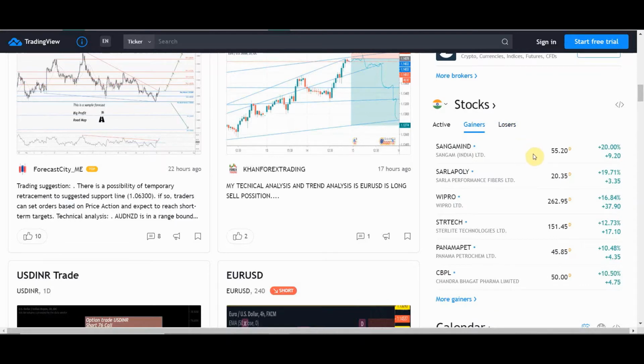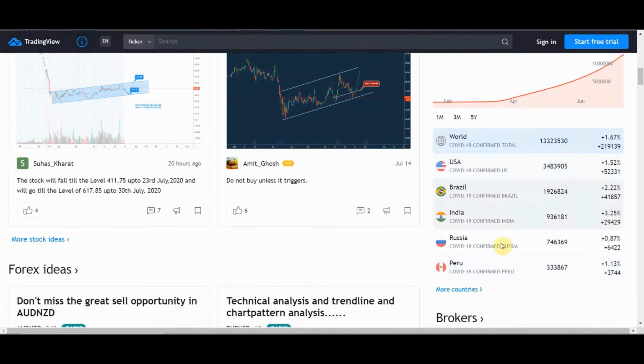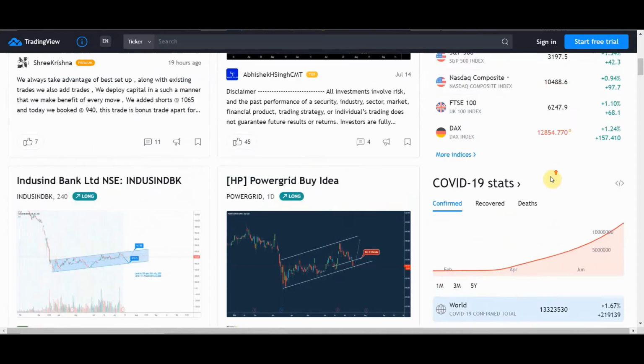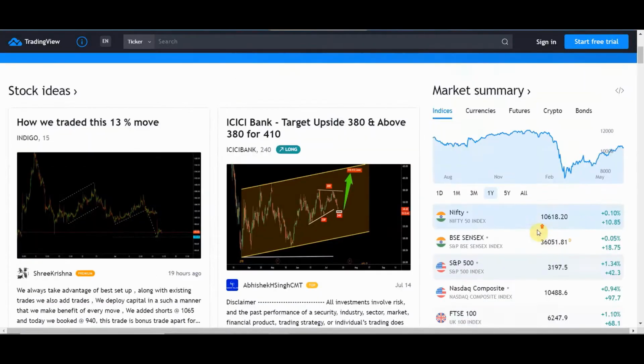Coming to the top of the page, we can see a small news item on the COVID-19 status, where we can see the world has reached a very high number of cases and how it is increasing day by day. All details are mentioned here, and on top of it there is a market summary.